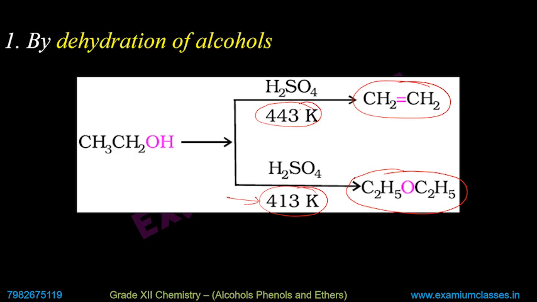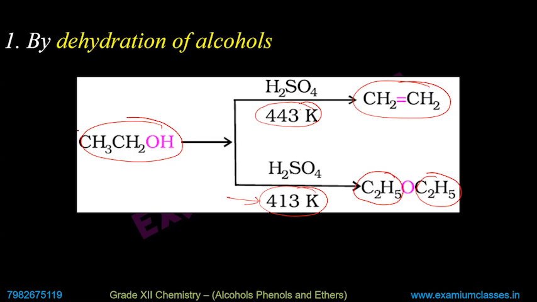Now the point here is that we will always get symmetrical ether. What is symmetrical ether? Symmetrical means the alkyl groups will be same, C2H5, C2H5, because we are using the same alcohol.